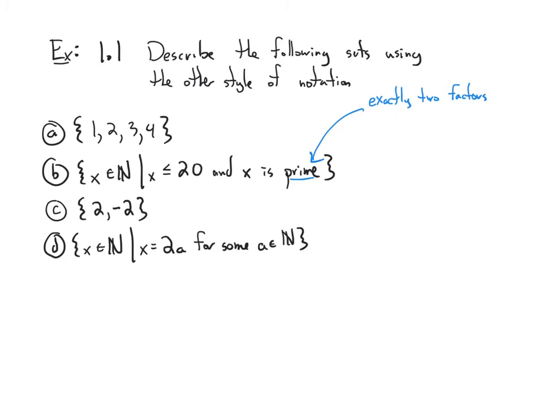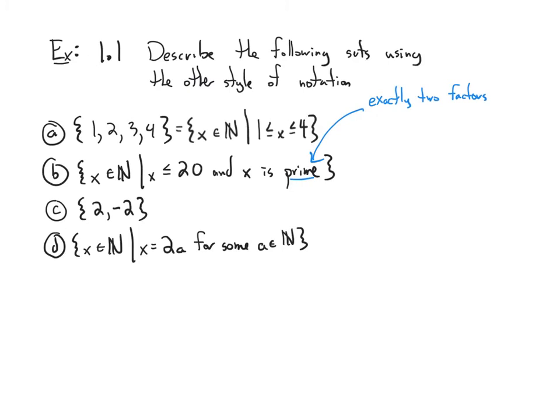Okay, now that we're back, the first one, well, we already did this in the previous slide. We know this is going to be something along the lines of natural numbers x, and we can use this new notation, natural numbers, such that they're the ones that are between 1 and 4 inclusive.